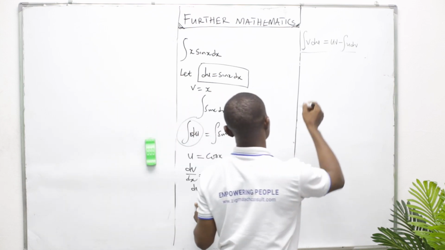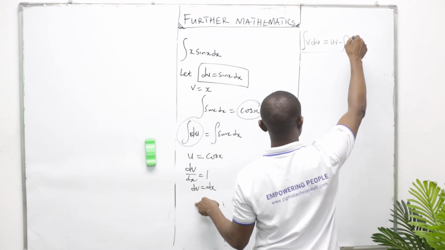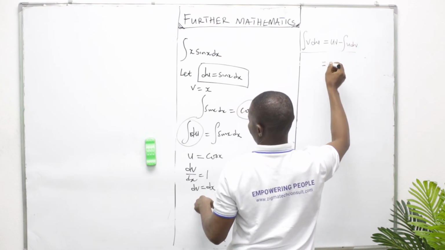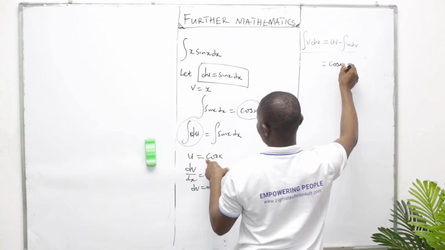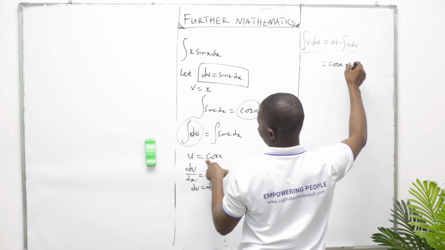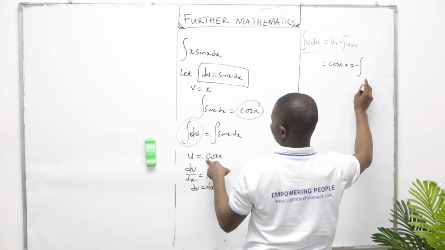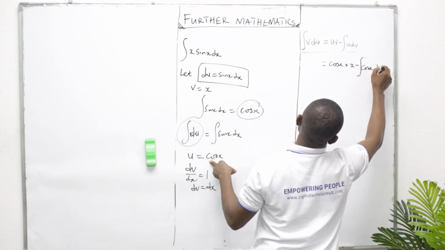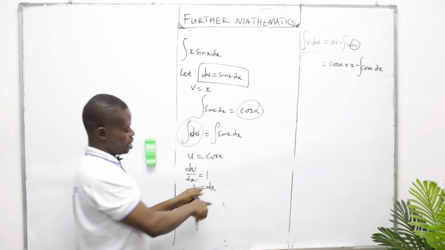Now we are set for the job. So what do you do? This equals uv minus the integral of v du. So what is our u? u equals x. What is our v? Our v is minus cos x, all right, minus the integral of v, which is minus cos x, then dx, because du equals dx.